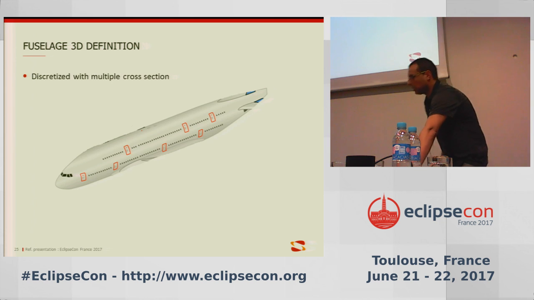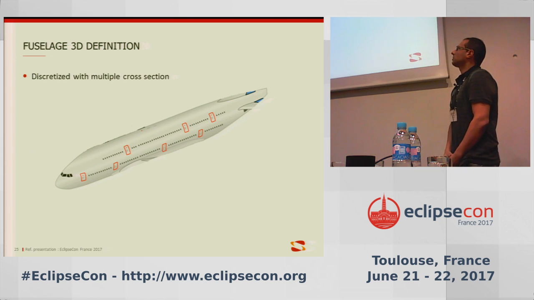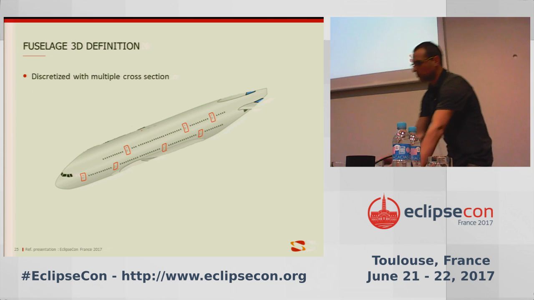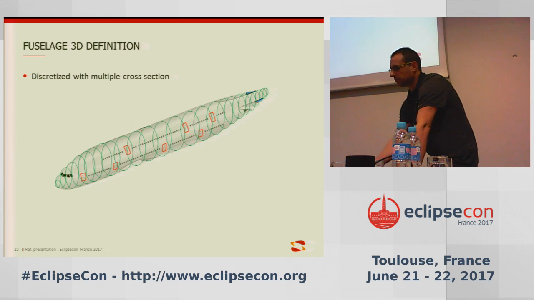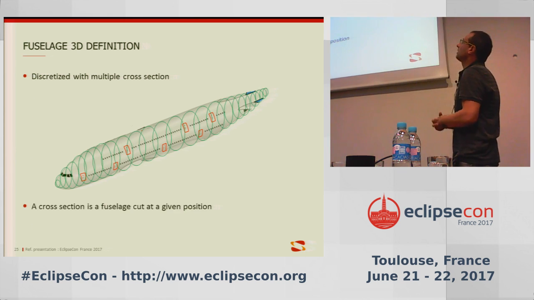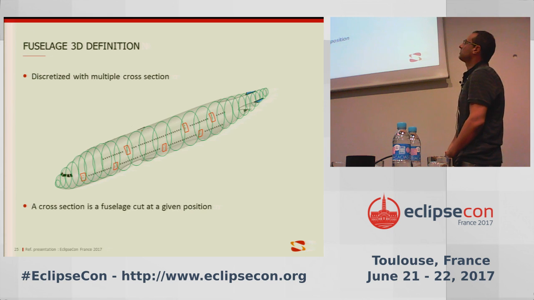So how we modelize the fuselage in 3D. So you have the aircraft, and we will discretize the aircraft into multiple cross-sections that you can see in red, and a cross-section is a cut of the fuselage geometry at a given position.